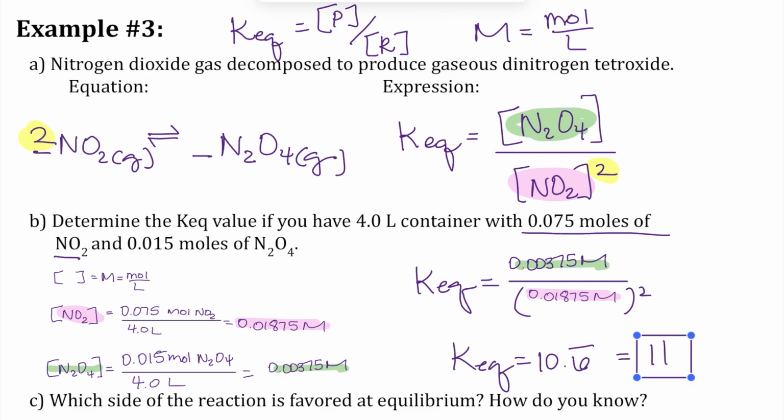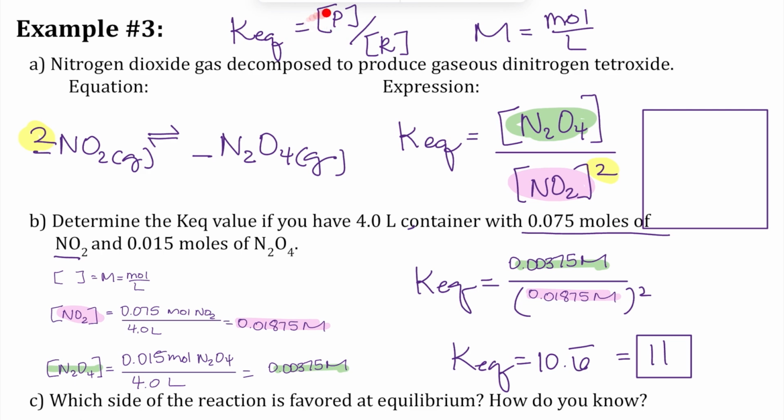What does that indicate? What side of the reaction is favored at equilibrium? Well, if our KEQ is greater than 1, that means whatever is in the numerator, products, is favored. And so that would be products favored at equilibrium. If we wanted to model this, there's my 4-liter container, and I can go ahead and model this.